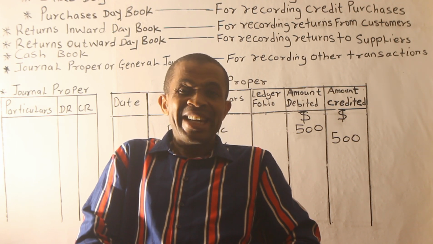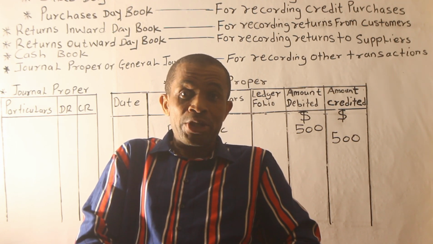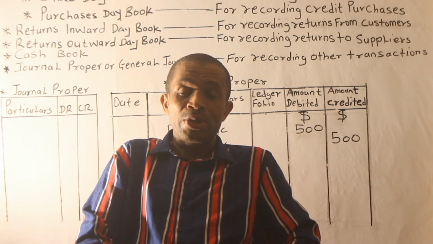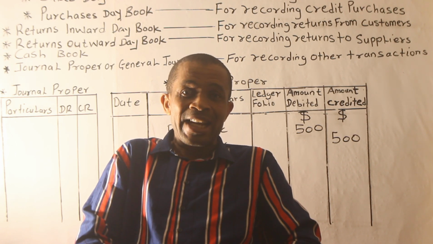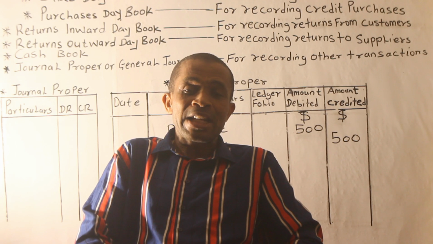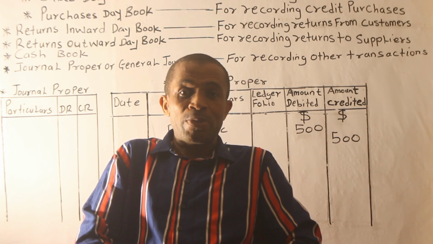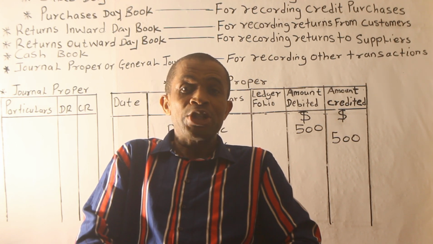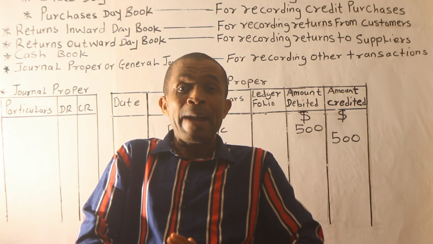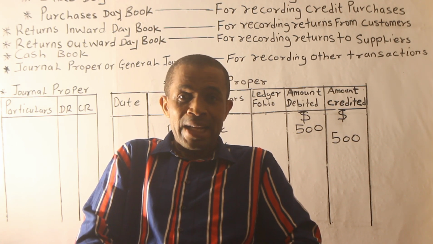Apart from these, we also have another subsidiary book known as the journal proper or the general journal. Other transactions that cannot be recorded in these other subsidiary books are recorded in the journal proper before they are posted to the ledgers.